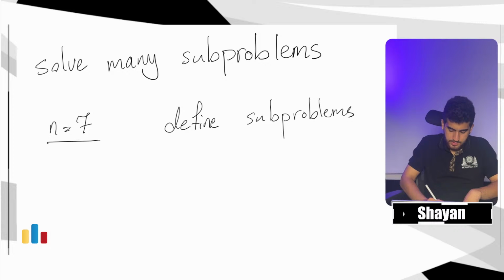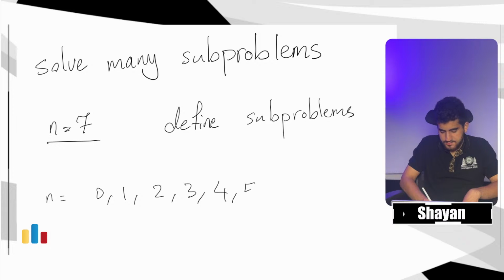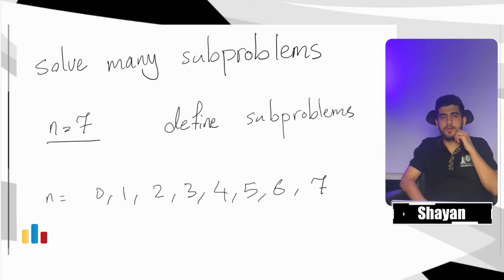So I consider all the cases where n is equal to 0, 1, 2, 3, 4, 5, 6. And also at the end, I put 7 itself, the main instance of the problem. I consider all these sub-problems and I try to solve all of them instead of trying to solve only the main problem that I have.